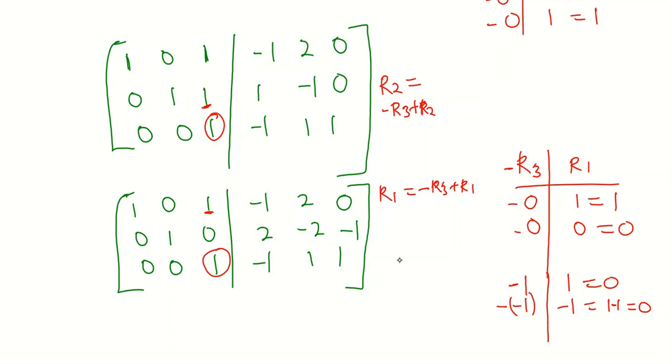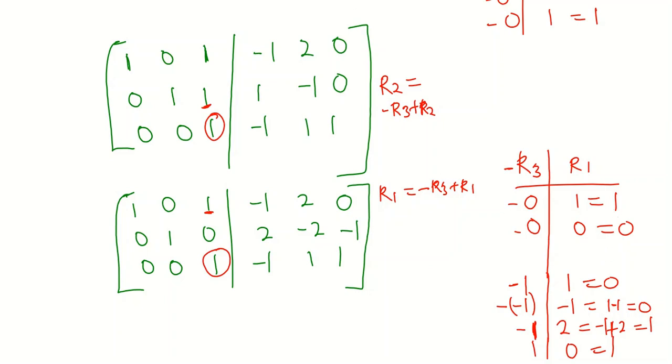Now we continue for row 3, and in row 3 we have 1, and when we subtract and we add to the next element in row 1, that is 2, we are getting minus 1 plus 2. That gives an answer of 1. Now the last element in row 3 is 1, and then we add to row 1, that is 0, and we are having 1 here, and this becomes the new set of rows for row 1.